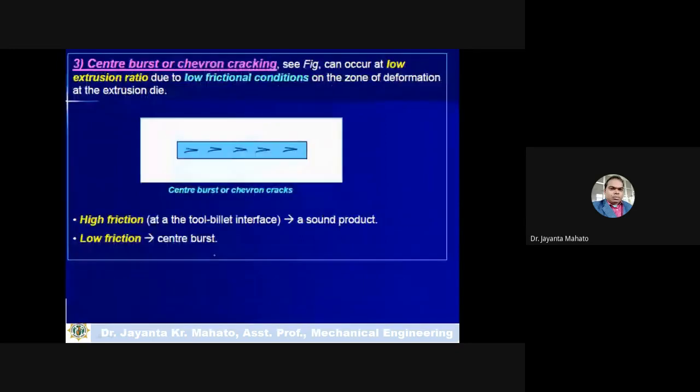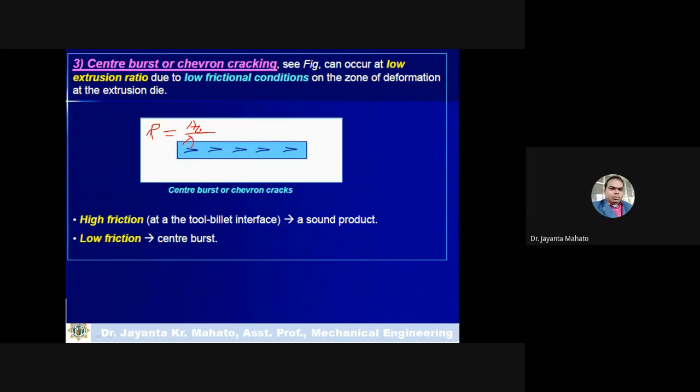Another extrusion defect is center burst, sometimes called chevron cracking. This occurs due to a low extrusion ratio. The extrusion ratio R is very low, meaning the cross-sectional area reduction is very small. Okay, R is nothing but A0 divided by AF.